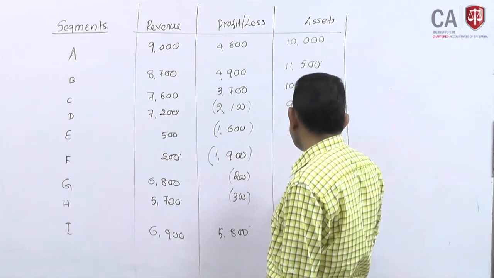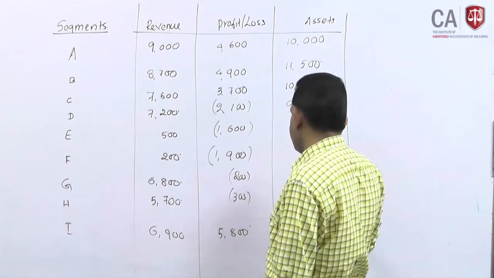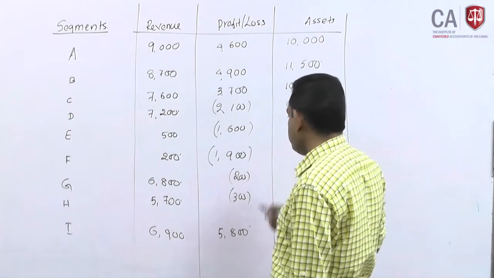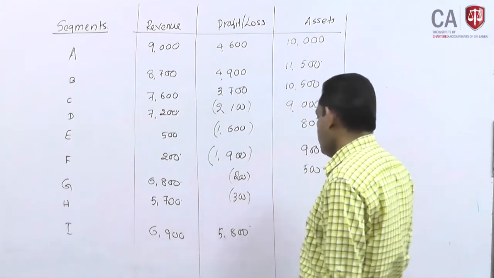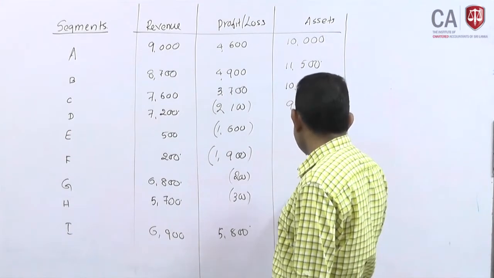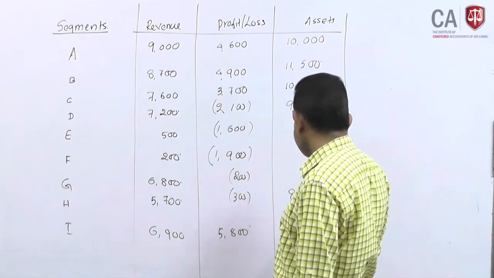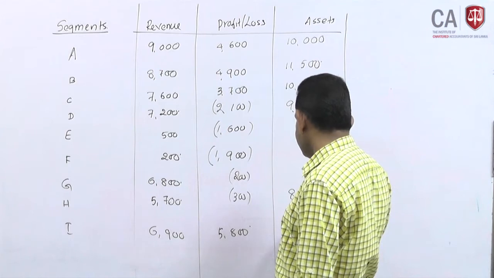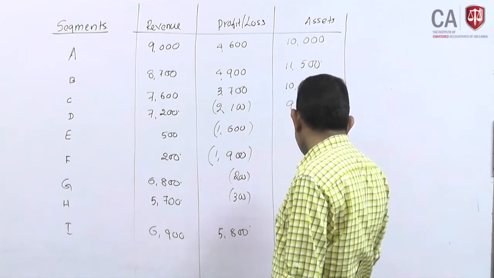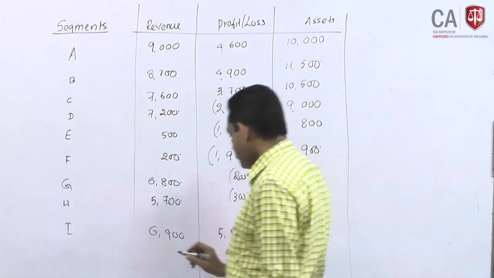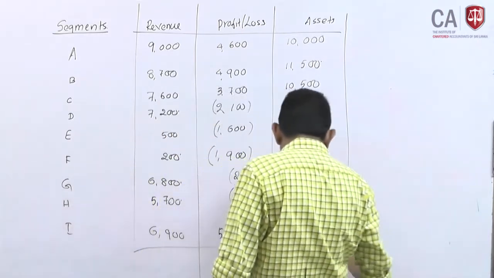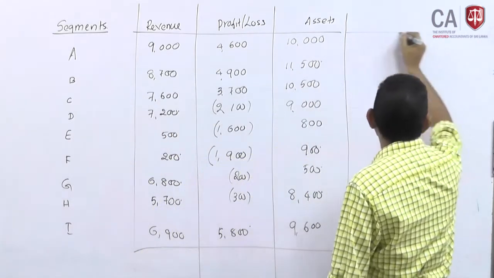This is just 500 assets. And here 8,400, and here it is 9,600 total assets. Now let us take the totals down, and then here let us work out the percentages.